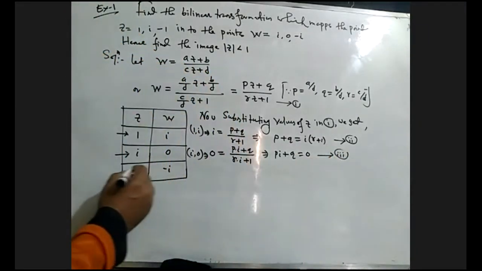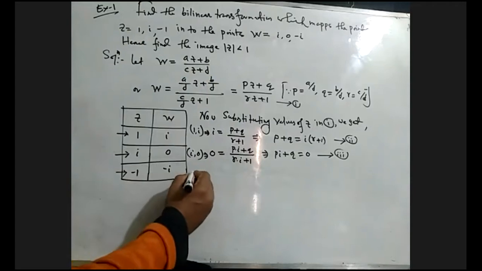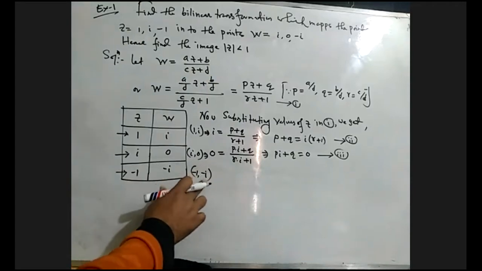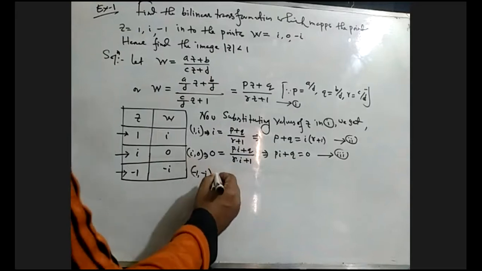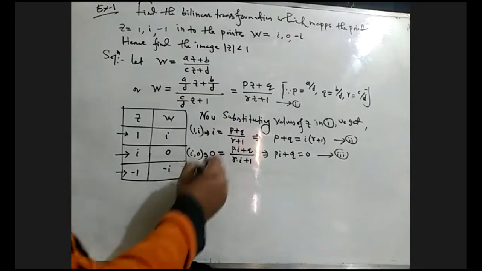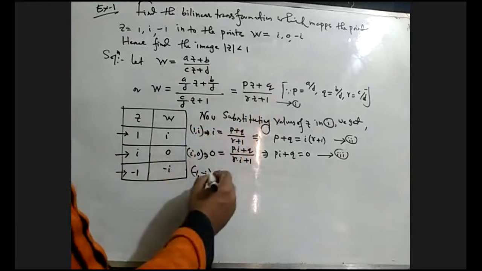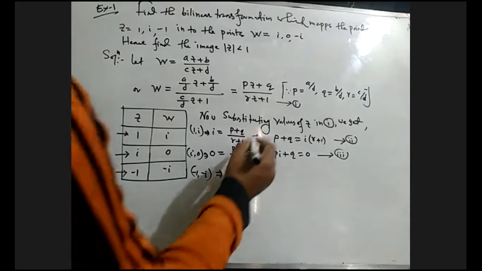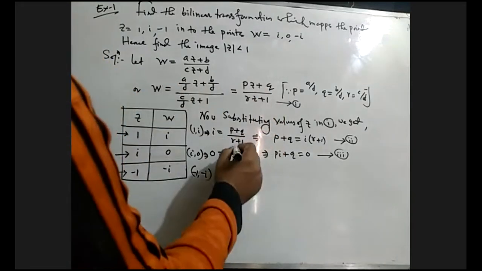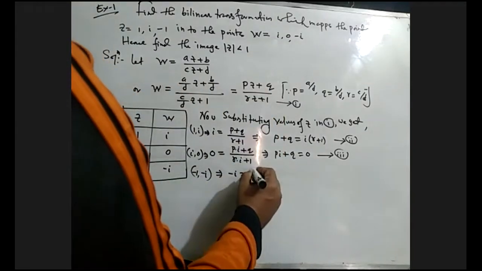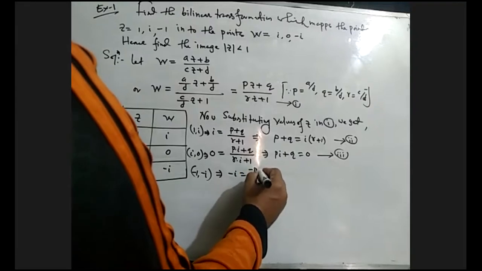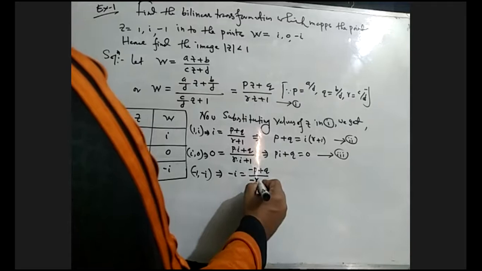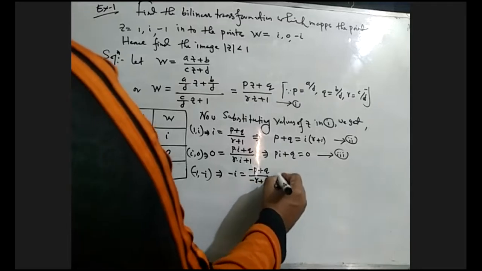Now from the third point, that means -1 minus i: Z equals -1, W equals minus i. Putting these values in equation 1, W equals minus i, we get minus i equals P into minus 1 plus Q, over minus R plus 1.